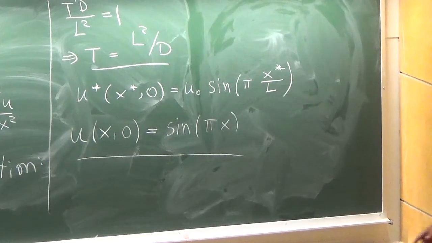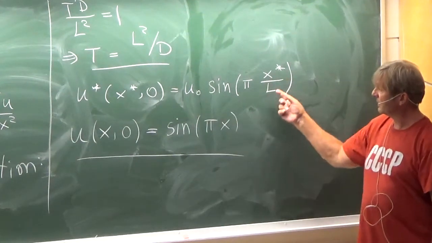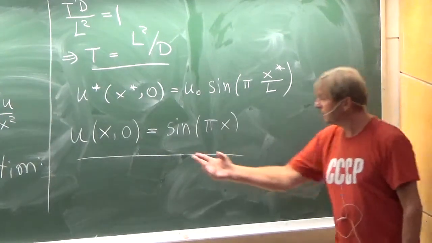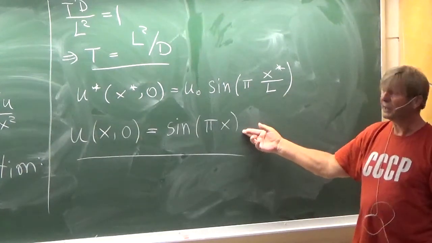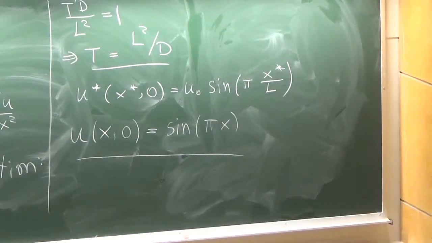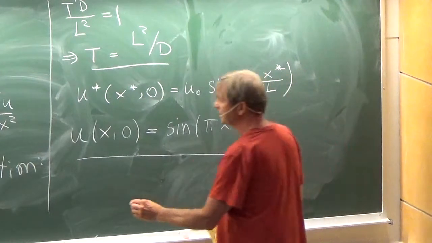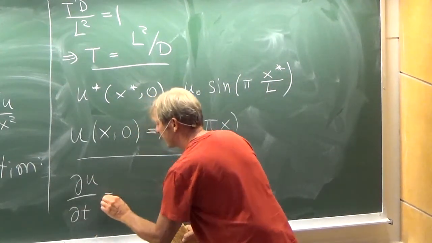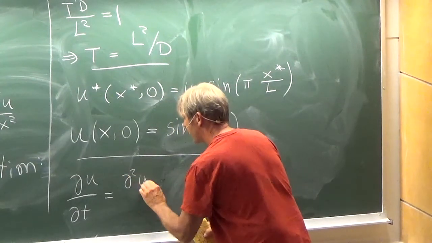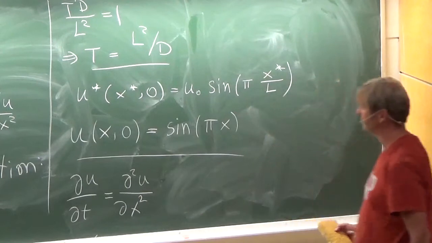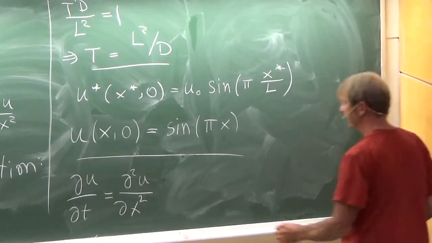You see that when I replace x by x star divided by L, and u by u naught multiplied by the dimensionless temperature, you get the physical temperature. And also the differential equation is now like this, and the boundary conditions are like this.